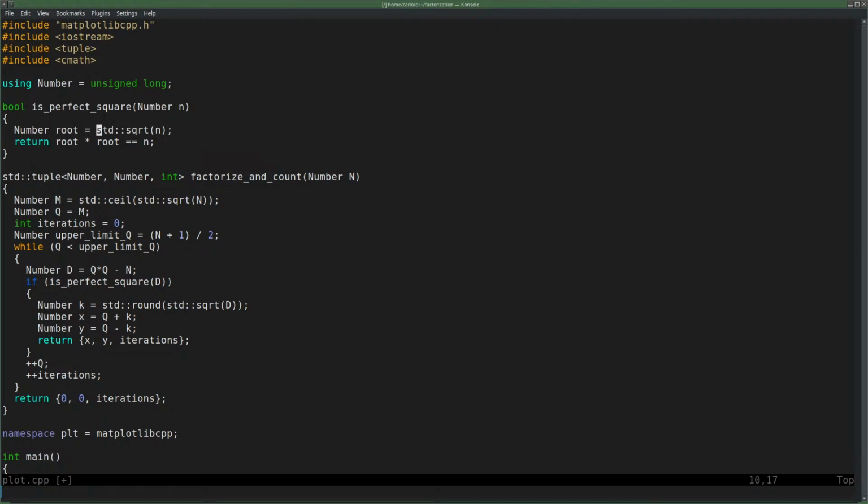This conversion must be exact, I'm sure of it. I don't need it here either, because we already checked that std::sqrt works. Maybe what I should do is just return the root so I don't have to calculate the square root twice.